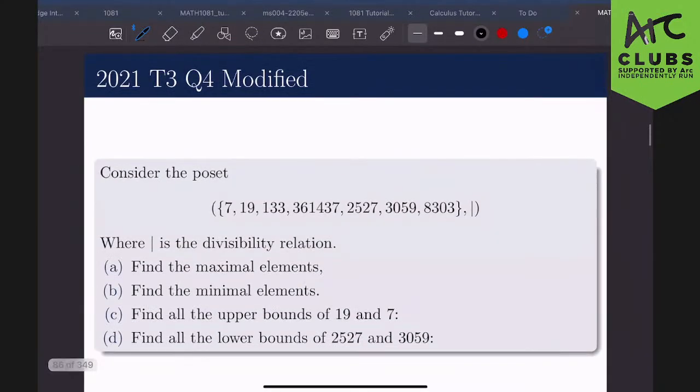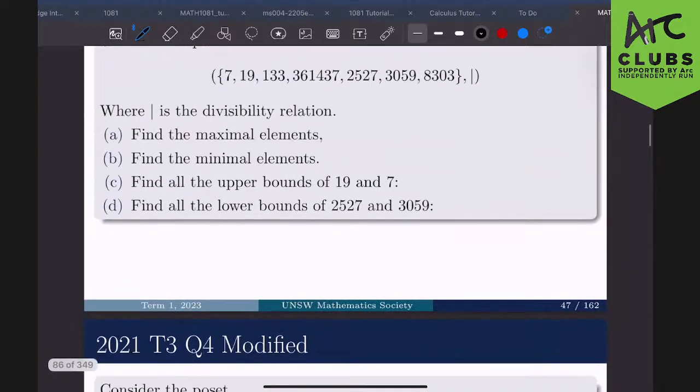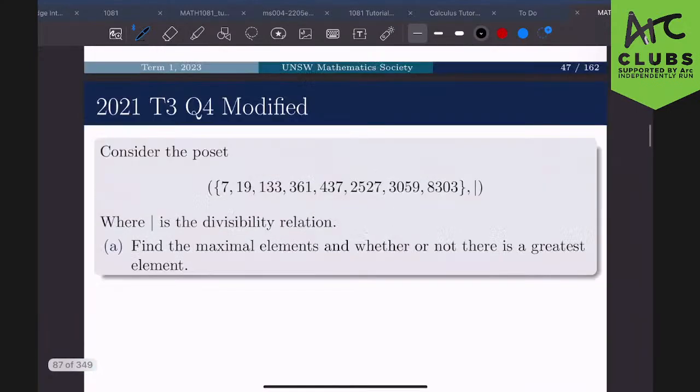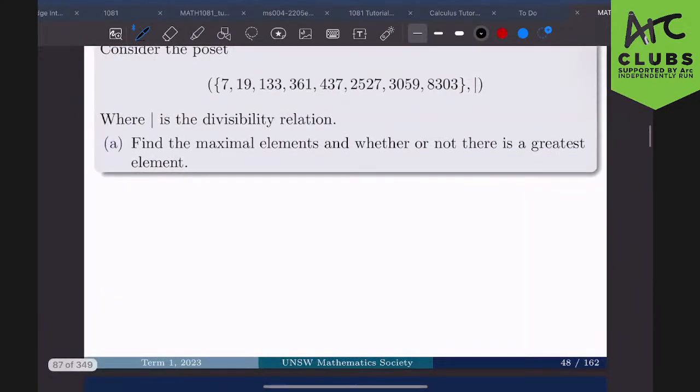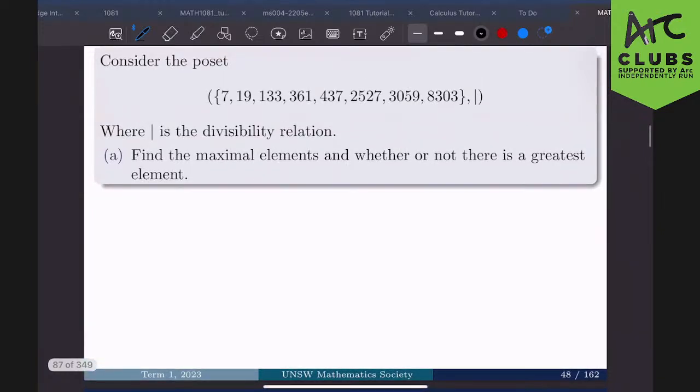Okay, now we're moving on to this great fun poset divisibility relation. You've seen these before. So we're going to be drawing some diagram, finding the maximal elements and whether or not there's a greatest element.